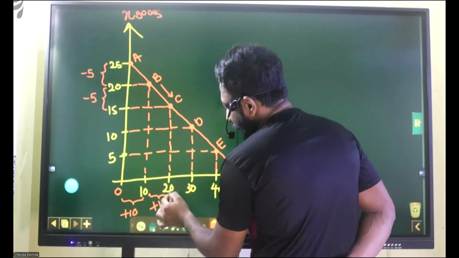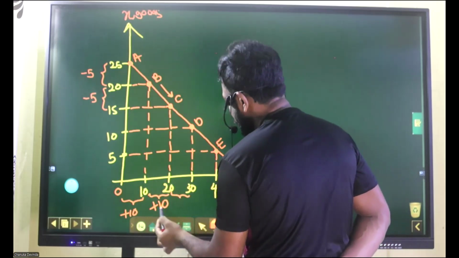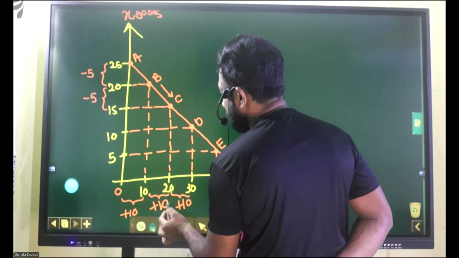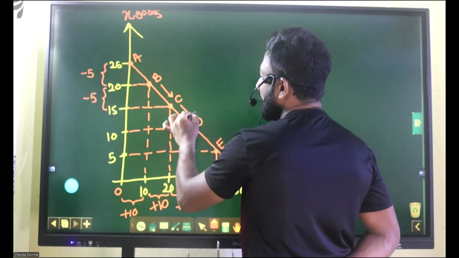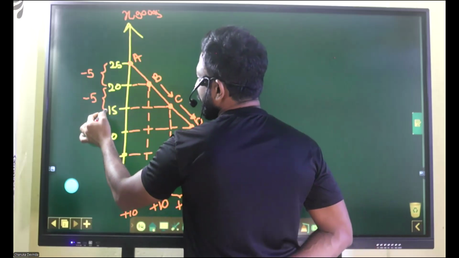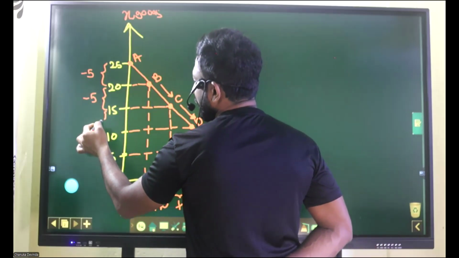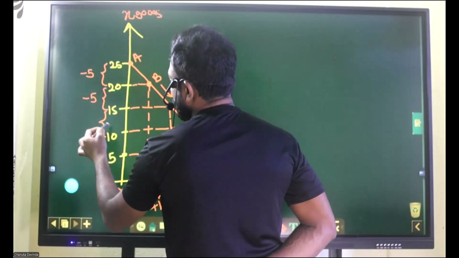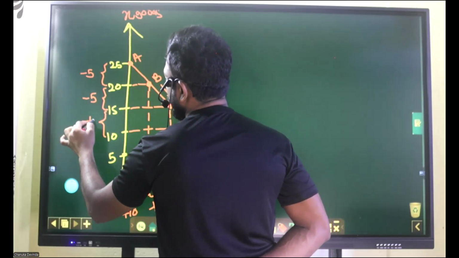Again, 20 to 30, when Y good production increased by 10 more units, that means C to D. As you can see here, the X production at C will be reduced from 15 to 10, 5 more units.